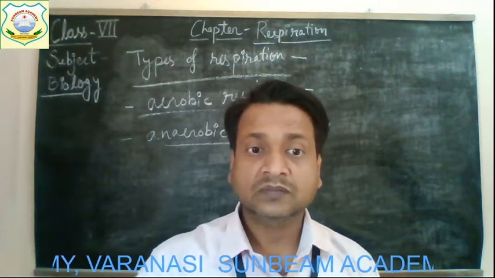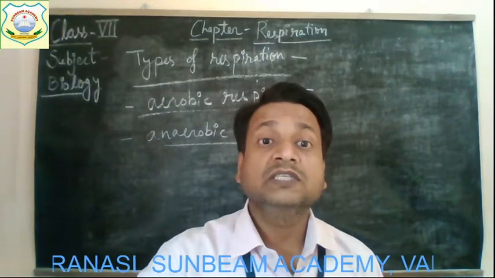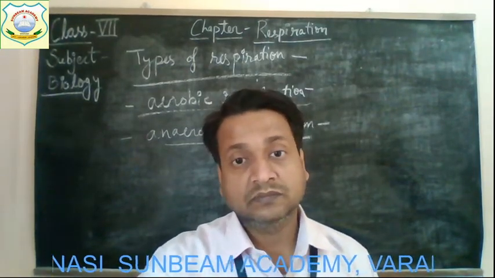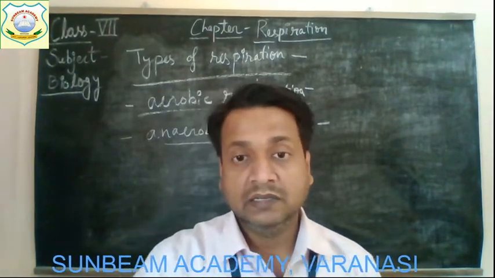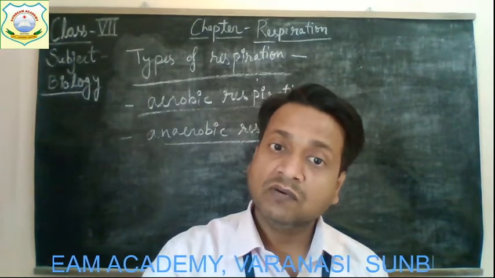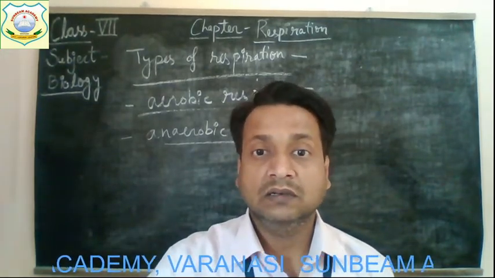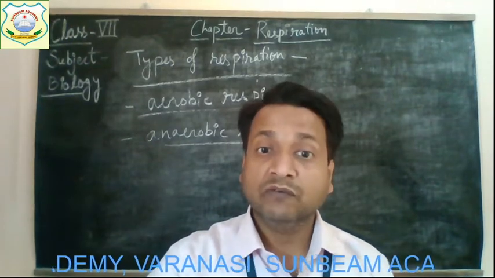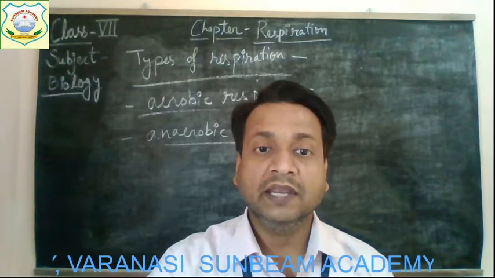Understood, children? So, here the yeast, which is a unicellular organism, respires anaerobically. Anaerobically means in the absence of oxygen, and it produces alcohol. Get it? And therefore, yeast is used to make beer and wine.